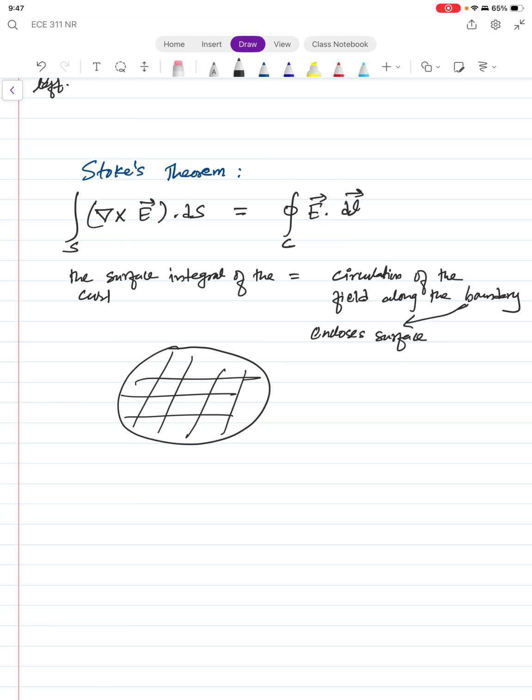This surface over here is being bounded by this contour, or by this boundary. Okay, this has to be that boundary, and this has to be this surface. It cannot be this surface and some other boundary. It has to be the boundary that encloses the surface.